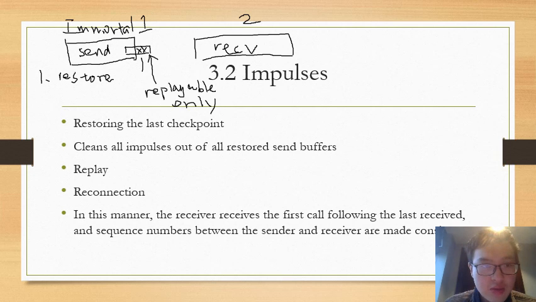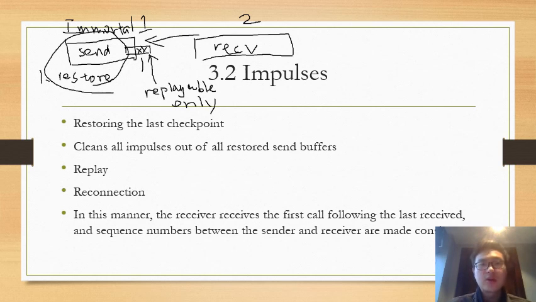Then it starts to replay. After replay, it wants to reconnect. Then Immortal 2 will send back a tuple, which is the total and replayable.